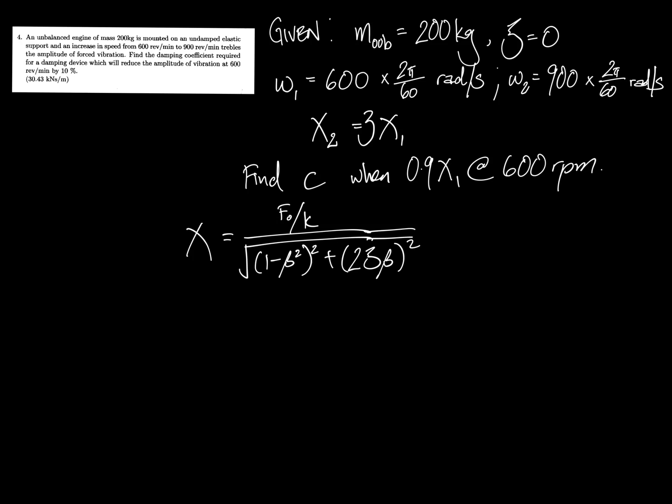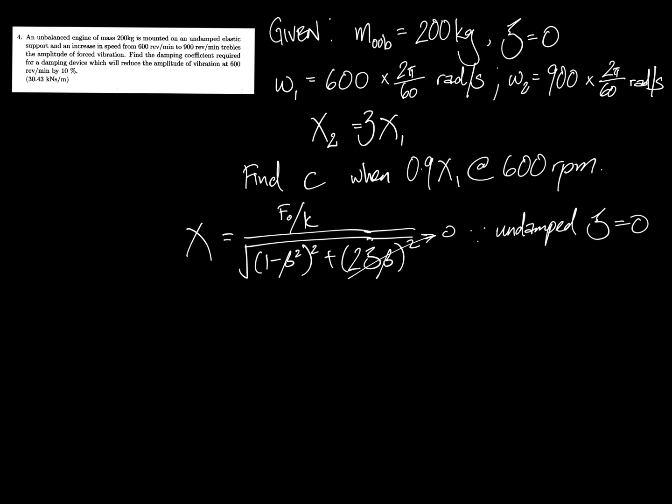Okay. So from this equation, the first thing that we can substitute is the undamped situation where zeta is equal to 0, right? This is going to make this term 0.